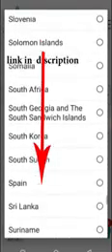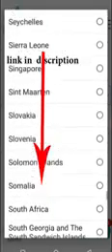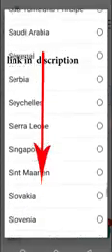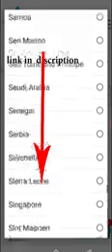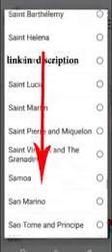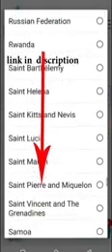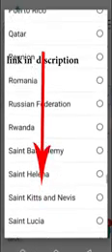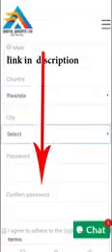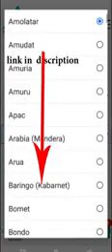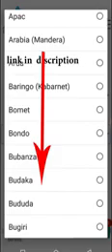This is very important. Then accept the terms.